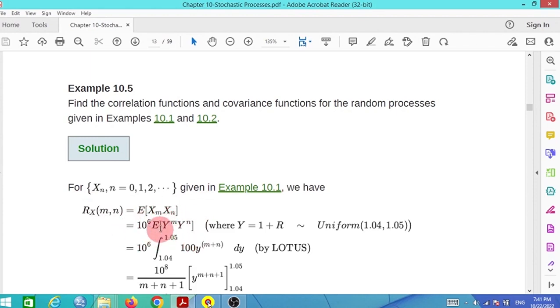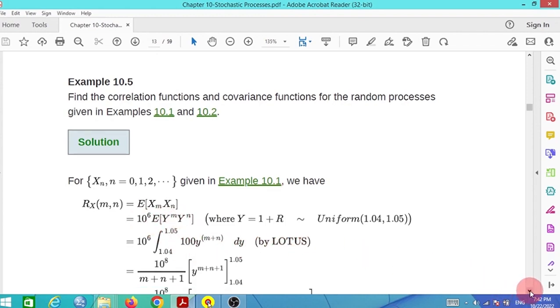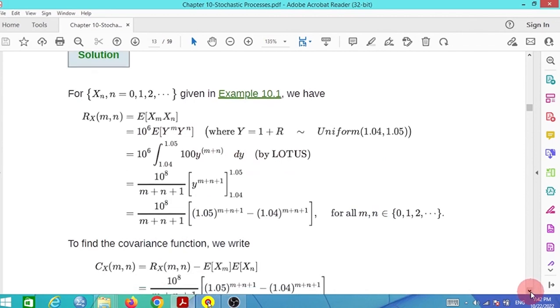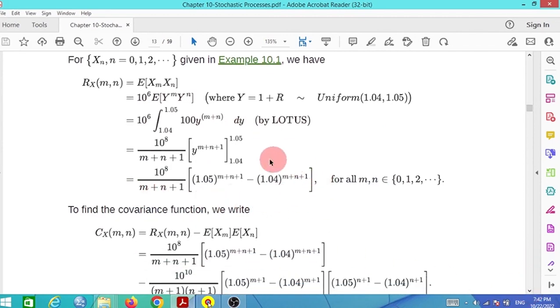Here Y is 1 plus R, where R is uniformly distributed, by the definition of expected value. This is multiplied by this value, we calculate the integral, and obtain this correlation function.